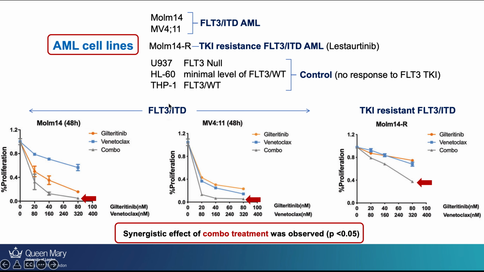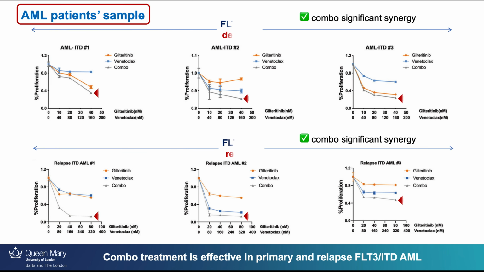For the AML cell lines, both FLT3-ITD and TKI-resistant FLT3-ITD show that the combination of gilteritinib and venetoclax together results in an extreme reduction of proliferation, significantly decreased compared to the single agent. The patient samples of both de novo and relapse cases show a similar reduction of proliferation compared to single agents.